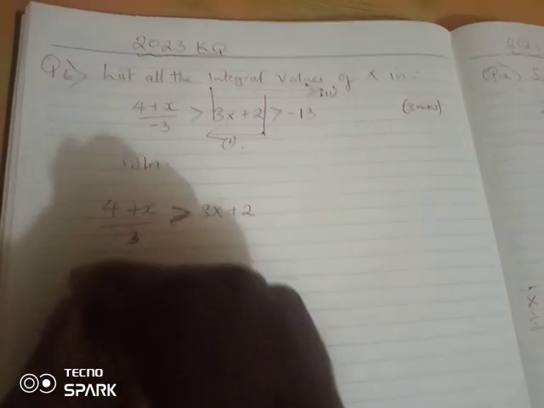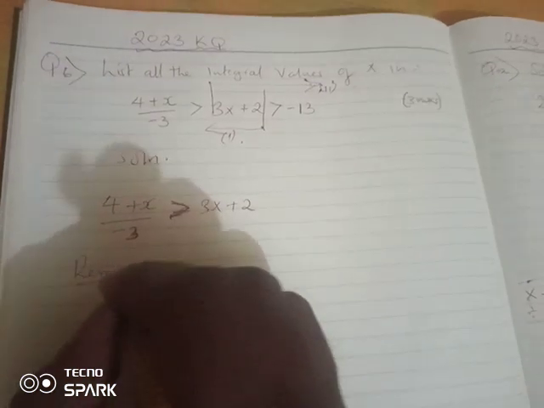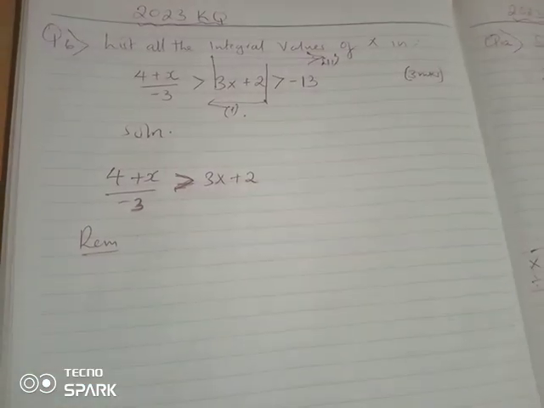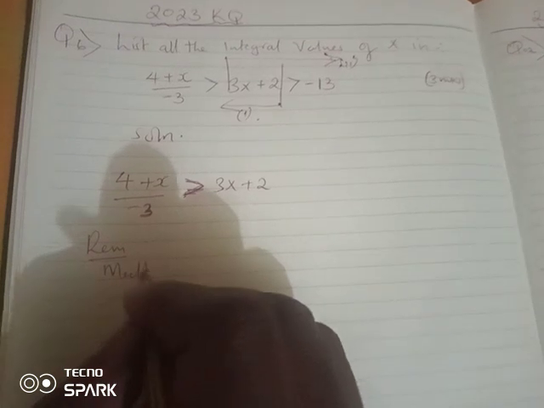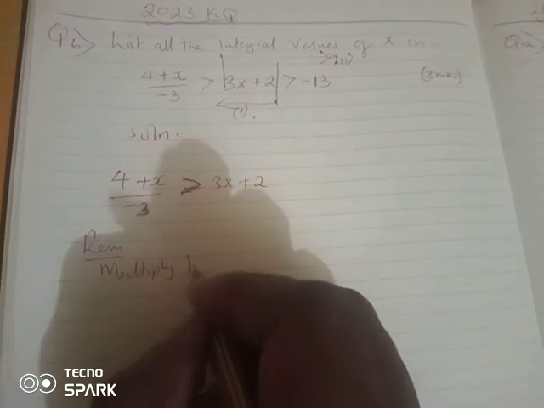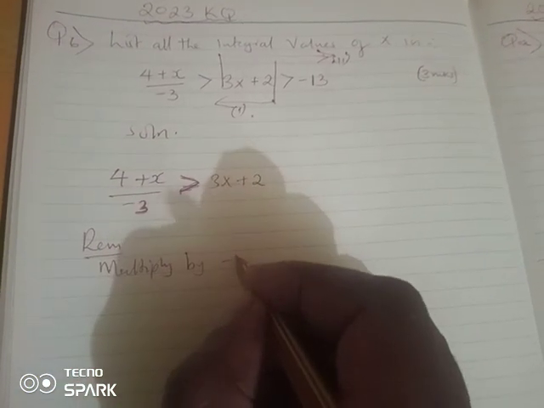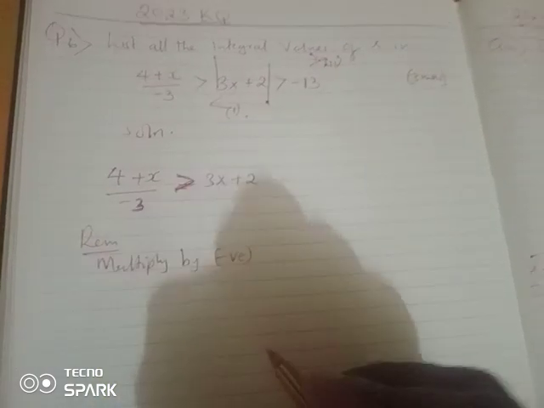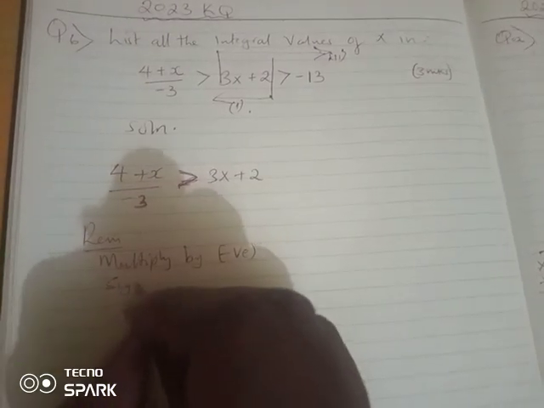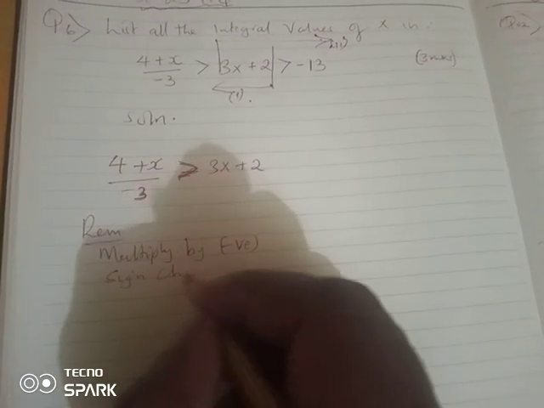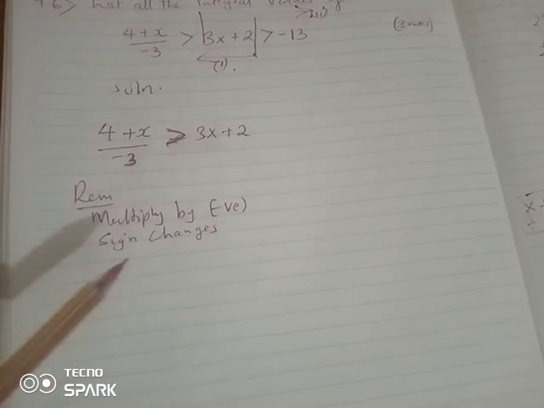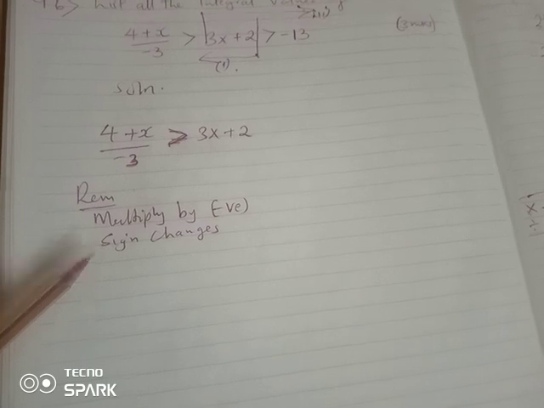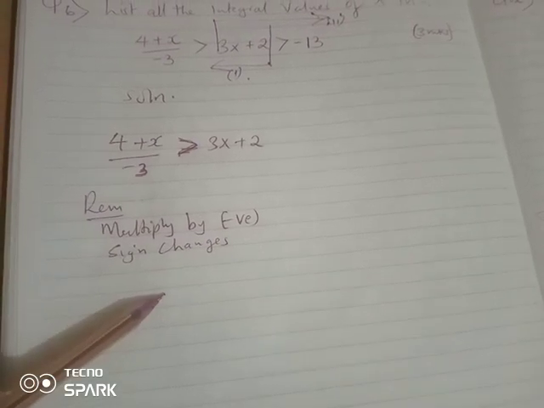We remember the few rules under inequalities, that whenever we multiply by a negative number, the sign changes.